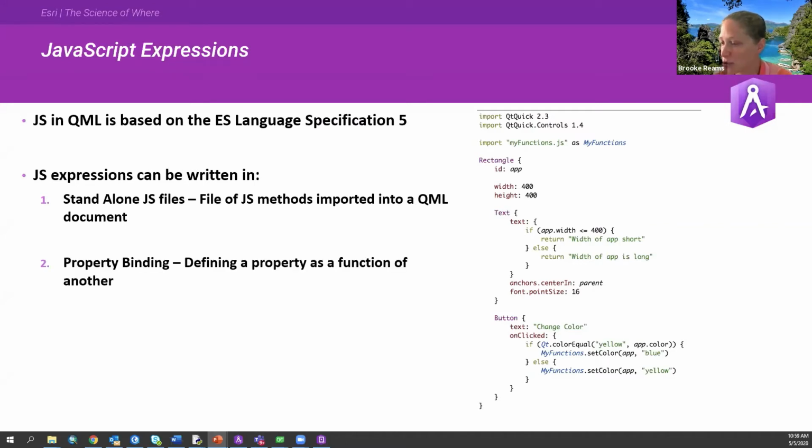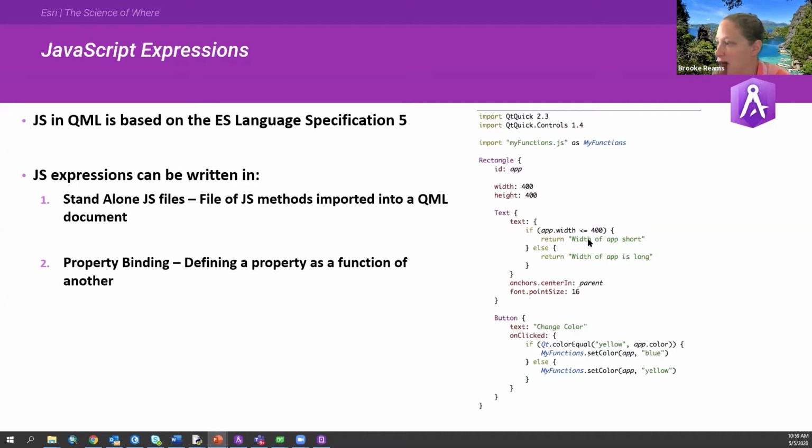Another way is through property binding. And so we talked about this a little bit in the slides earlier, and also in the little demo that I gave. So that's defining a property as a function of another. And we have a sample of property binding in this code snippet where, for the text element, we're defining the text which is dependent on the width of the app.